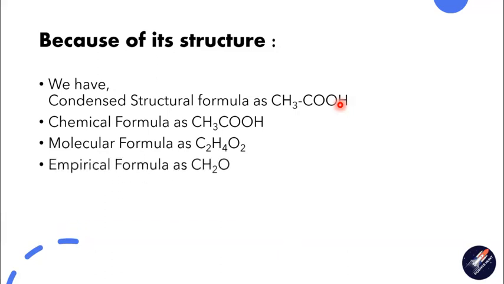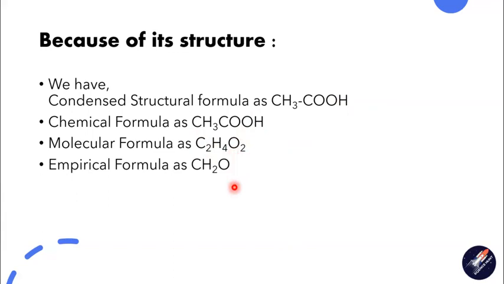And the empirical formula for acetic acid is CH2O. So the empirical formula is nothing but the simplest ratio of the molecular formula. That's it. So I hope you understood why acetic acid's formula is CH3COOH and not C2H4O2.